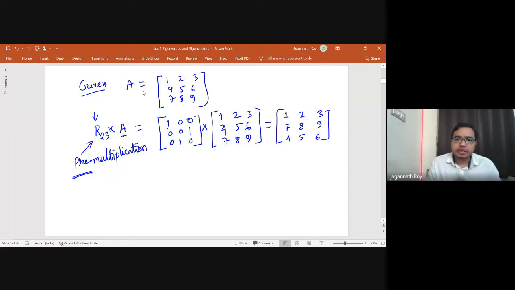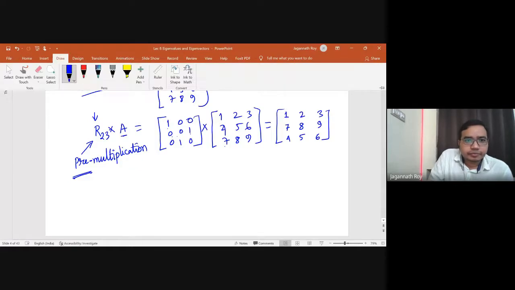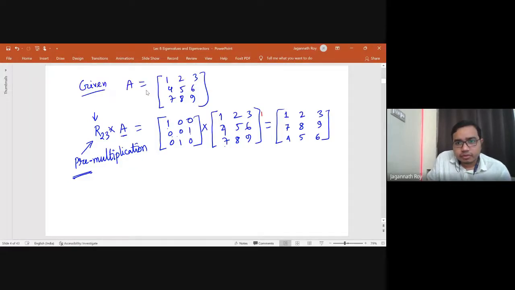So what just happened? Let us call these R1, R2 and R3, and these C1, C2 and C3. We can see that R1 remains the same, but R3 has come up, and then R2.